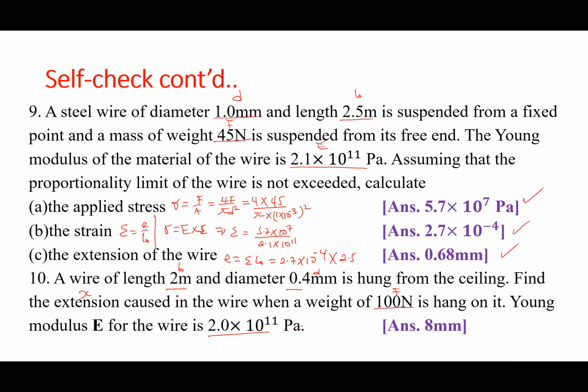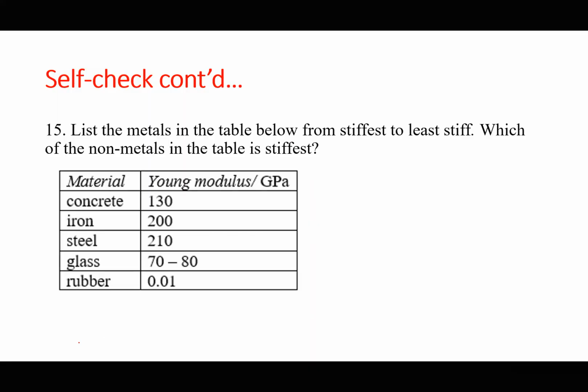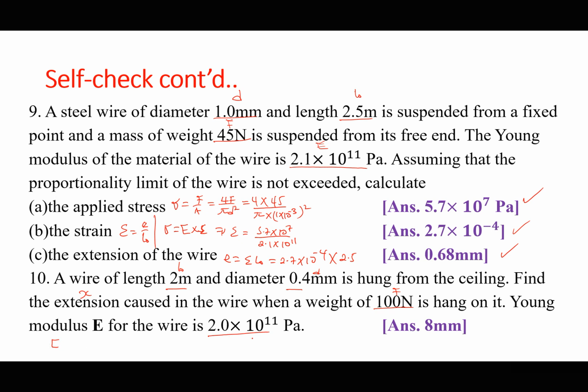So I'll just write here the formula. Young modulus E is equal to force times original length over area times extension. But they gave us diameter, and remember area is pi d squared over 4.